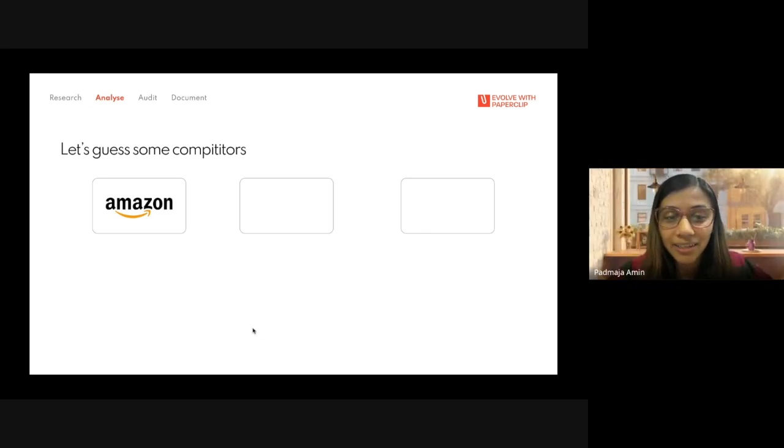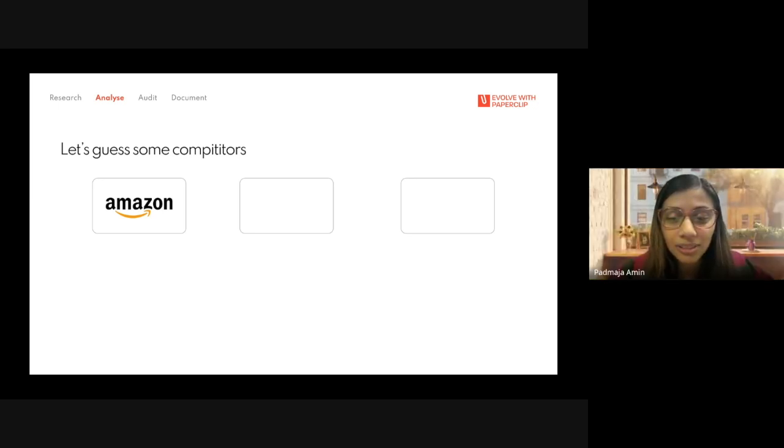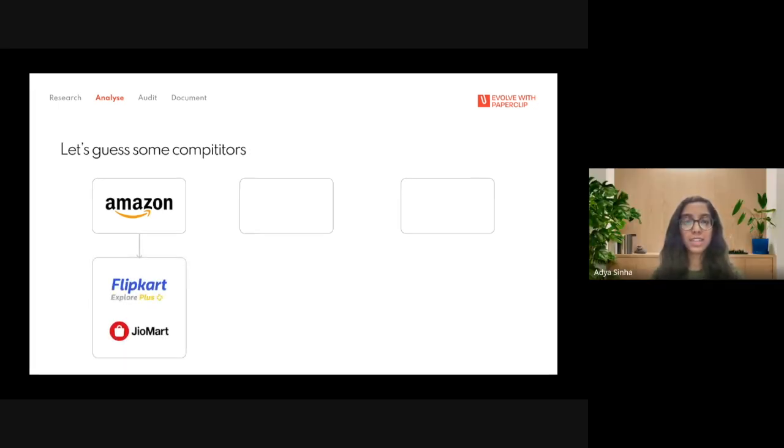Blinkit for Amazon, it's interesting. Okay, so yeah, Flipkart is correct. Another is also JioMart, and Blinkit and Swiggy are also competitors in Amazon's grocery section. So yeah, all of the answers are absolutely correct.